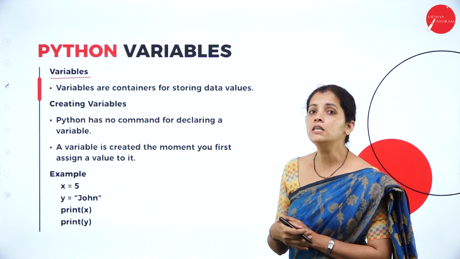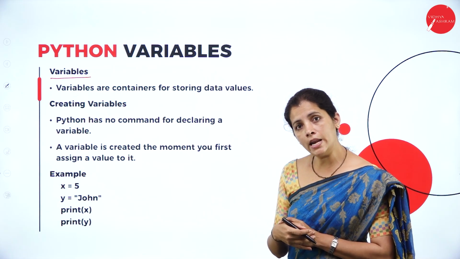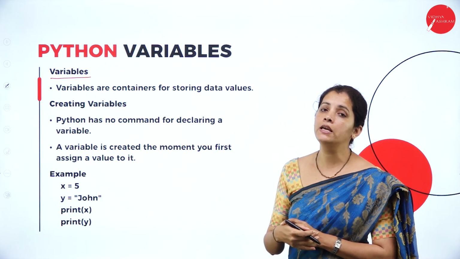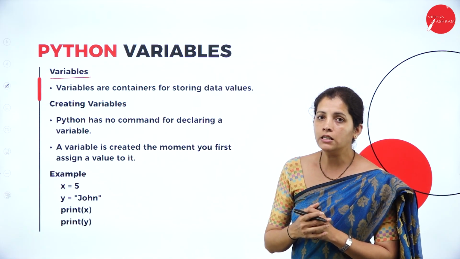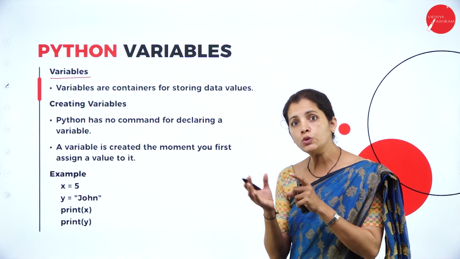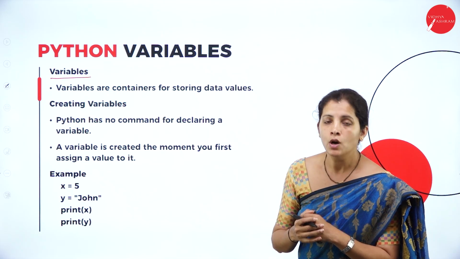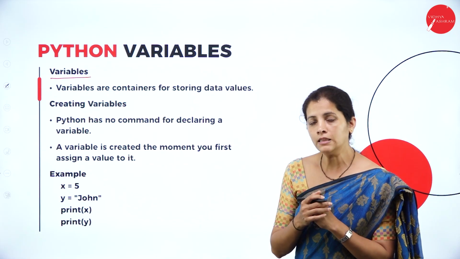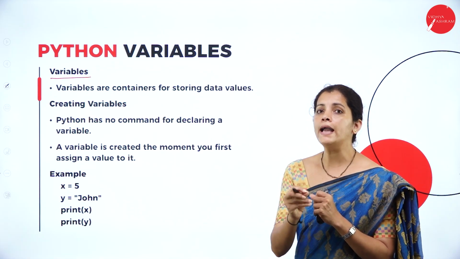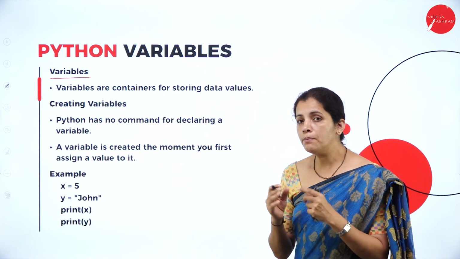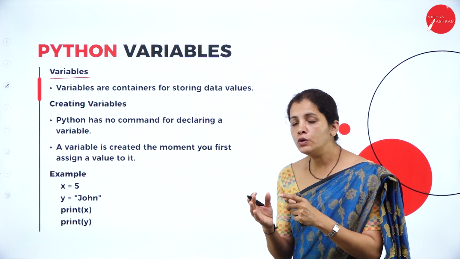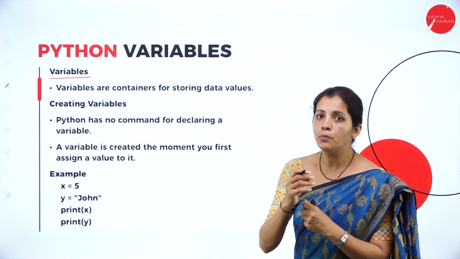So what is a variable? A variable is nothing but the name given to the memory location. It is a container used to store the value. For example, think that I'm going to buy 1 kg of potato. After buying, where am I going to store that potato?